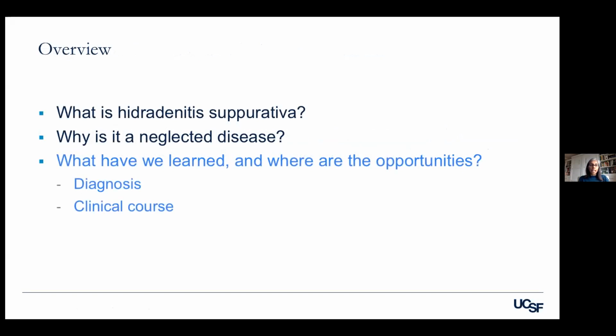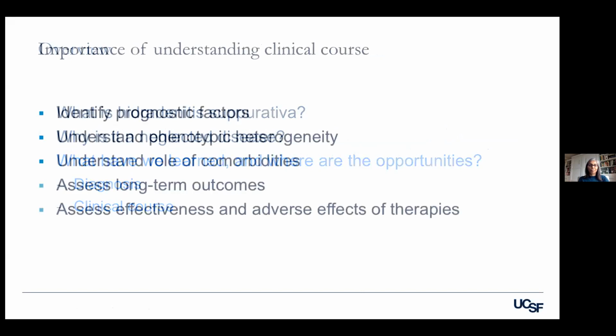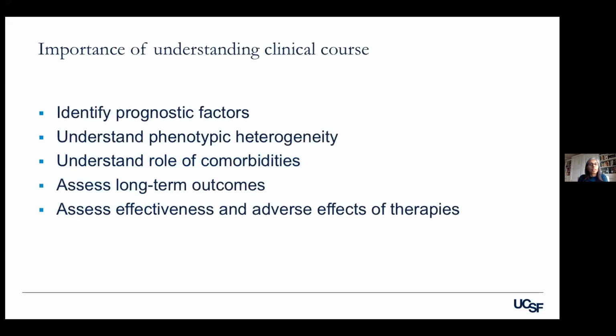So the next area that I want to talk about, where there's an urgent need for the generation of new knowledge to advance the field and improve the care of patients with HS, is in our understanding of HS clinical course. So prospective clinical studies are needed to deepen our understanding of HS disease characteristics and clinical course in specific ways, in terms of identifying prognostic factors, understanding the phenotypic heterogeneity that we see in HS, and understanding the contribution of comorbidities to treatment choices and outcomes.